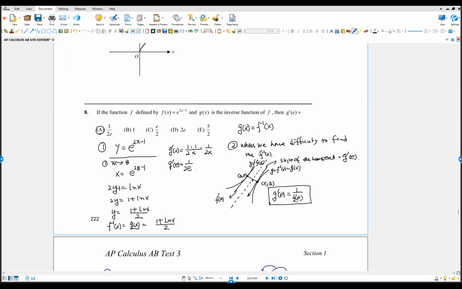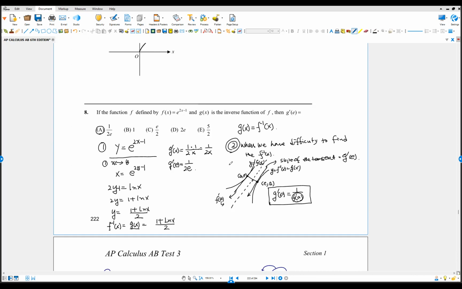Now let's find this one first. Sometimes finding the inverse is a little hard, then it's better to use this method. So what is f prime when x is a, what is e? Using this, we can find the value of a, because a is an unknown number.